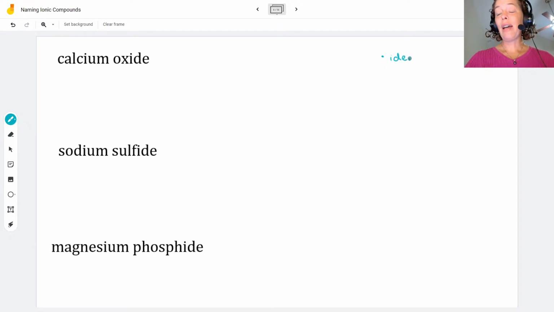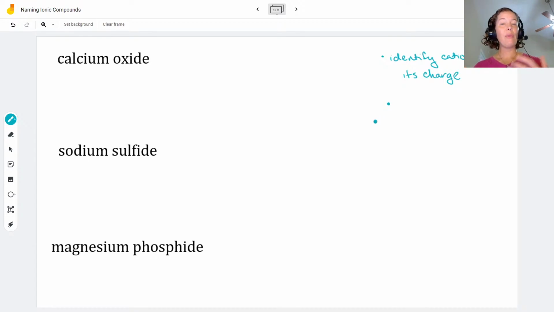we're going to identify our cation. So we need to know what our cation is, and we also need to know what its charge is. So we'll say identify cation and its charge. And we're going to do the same thing with the anion. We need to identify the anion, and we also need to know what its charge is.